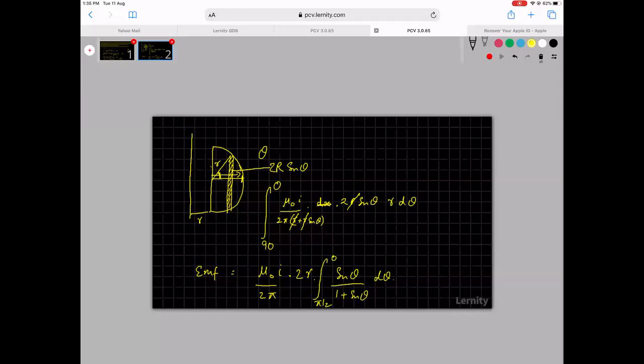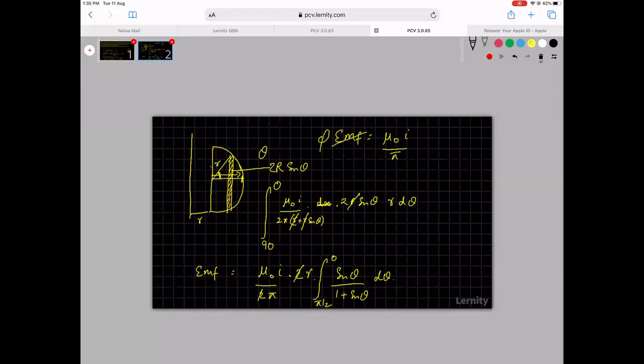The 2 gets cancelled, so the EMF induced is mu naught I by pi. Oh, I is changing. Okay, so first I need to find the flux. So this is not EMF, this is flux.